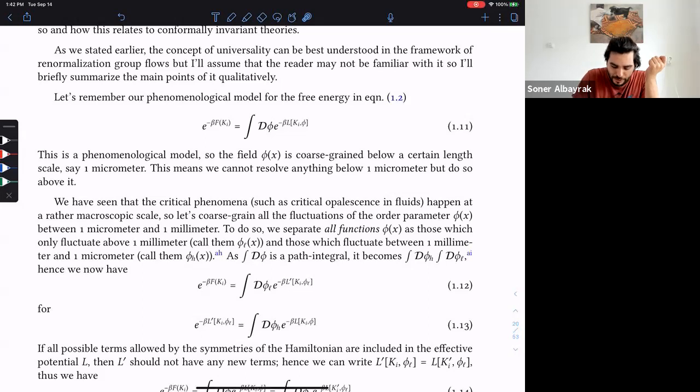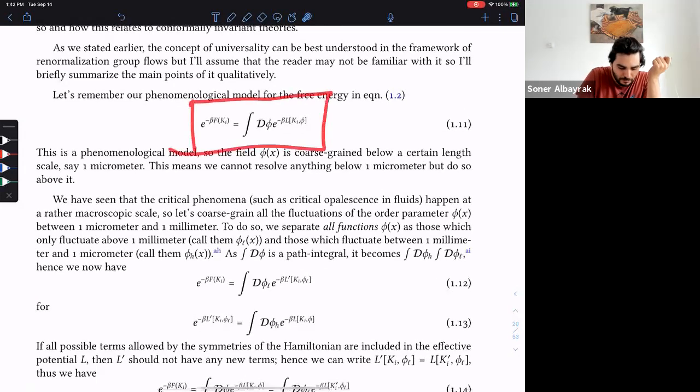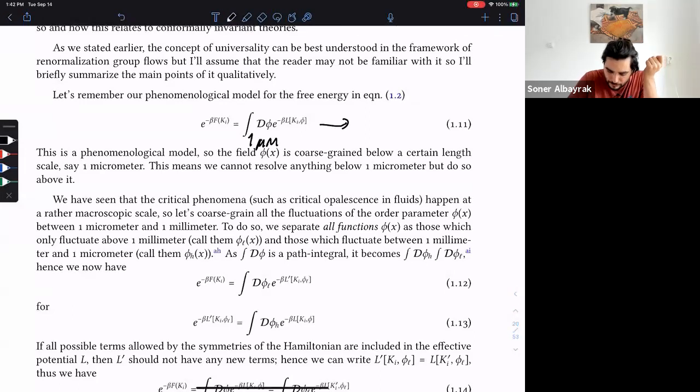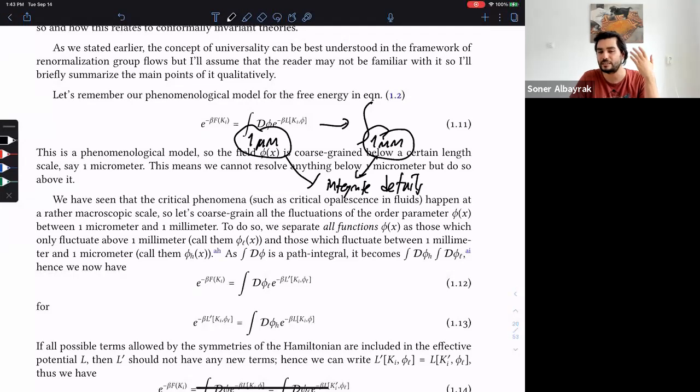That means if I start with this theory, which was coarse grained below 1 micrometer, and change it so that the coarse graining is above 1 millimeter, right? So there are some details between 1 micrometer and 1 millimeter. I am integrating them out. So I'm getting rid of the details, okay?